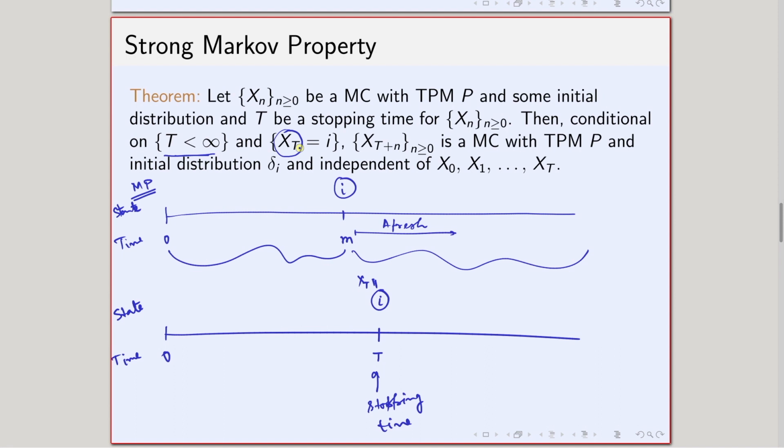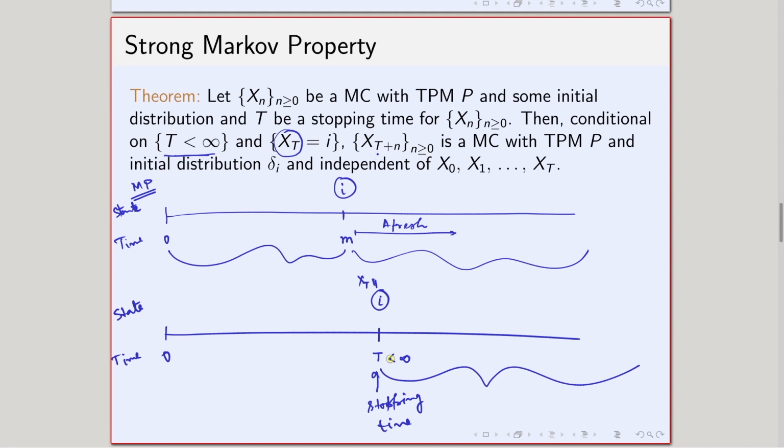So it says that conditional on T less than infinity and XT equals i, X_{T+n} for n greater than or equal to 0 is nothing but the Markov chain in this part. It is XT, then X_{T+1}, then X_{T+2}, and so on and so forth.